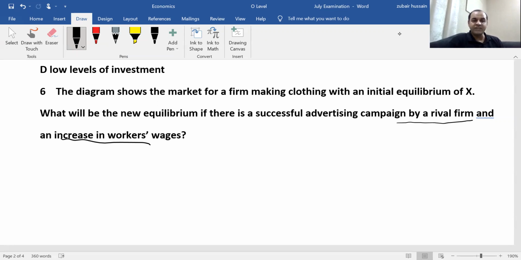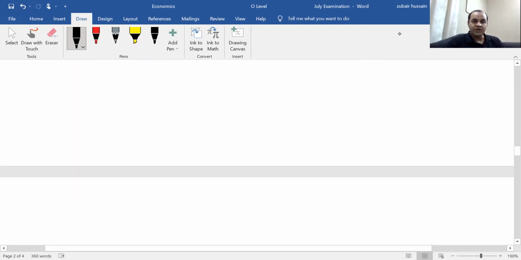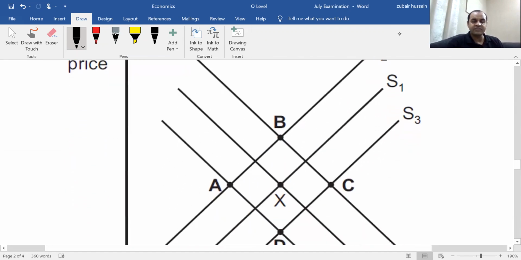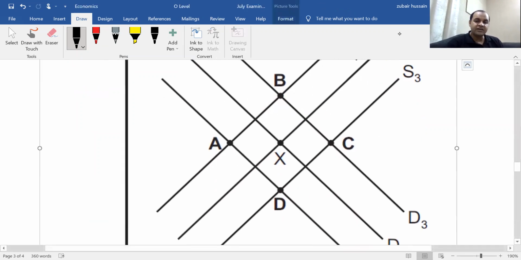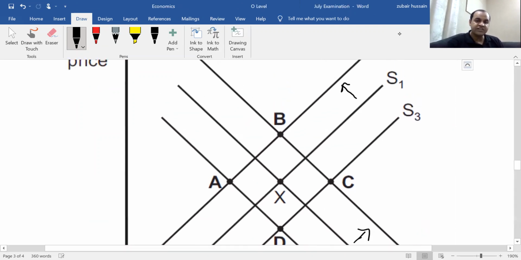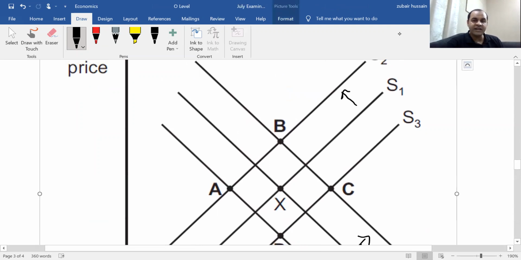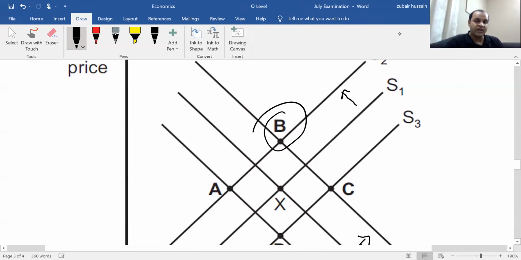This will lead to an increase in the cost of production, and the supply curve will shift leftward. The supply curve S1 will shift to S2, and the demand curve will shift from D1 to D3. Where D3 and S2 meet each other, this is point B, the new equilibrium. So B is the right option for this one.